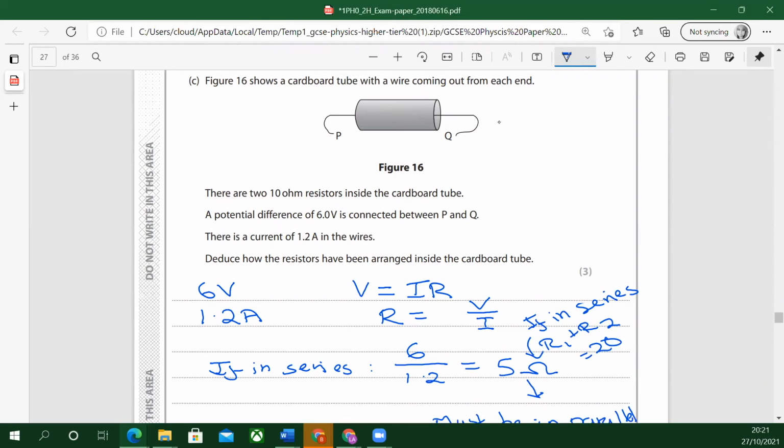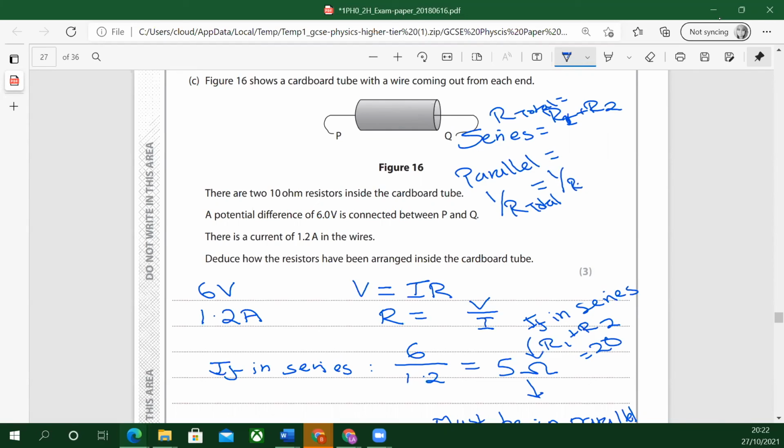You should remember this as a recap. Series: R1 plus R2 is R total. Parallel: 1 over R total equals 1 over R1 plus 1 over R2. We do this whole thing in this question because they must be in series or parallel, as there are only two of them. So they must be in parallel.